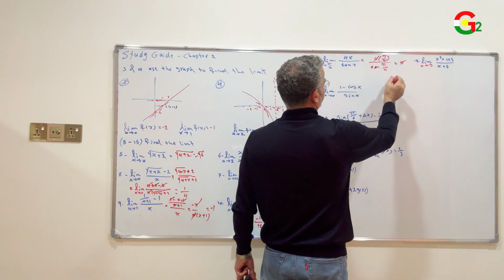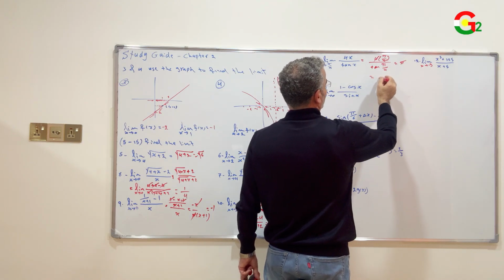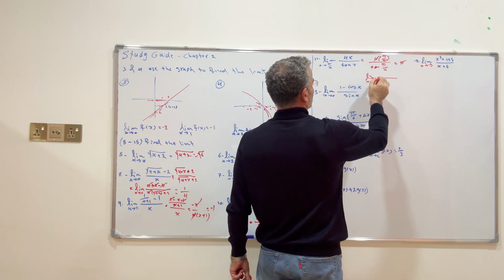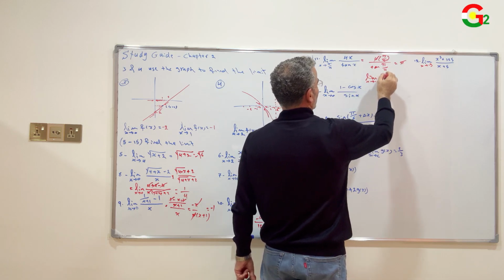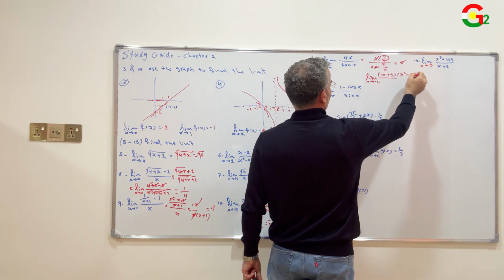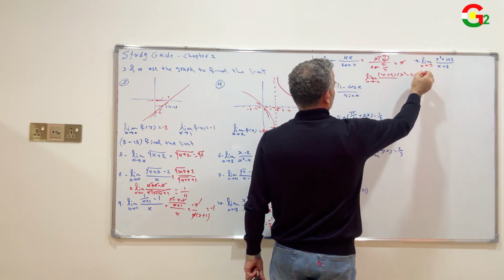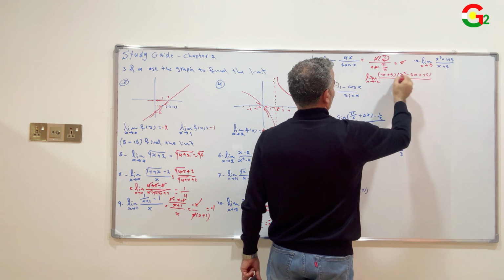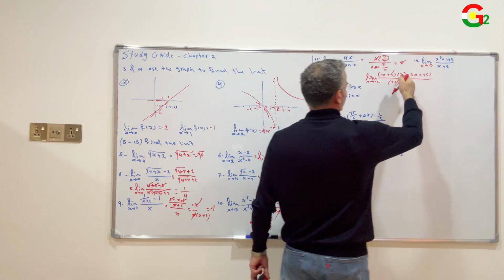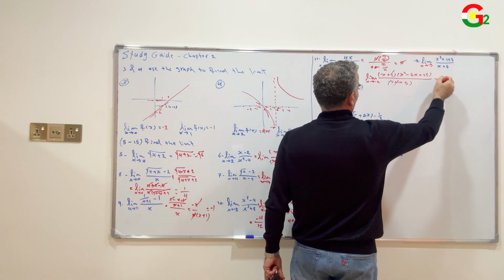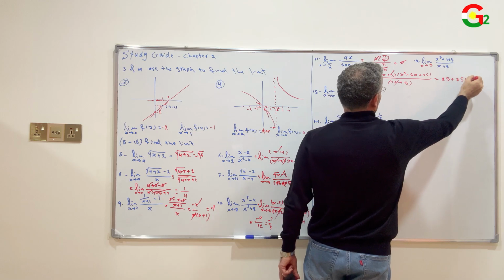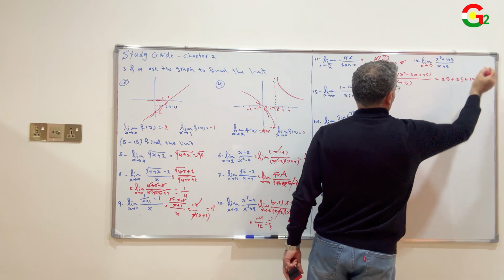Analyze the numerator, summation of 2 cubes, x plus 5, x squared minus 5x plus 25 over x plus 5. X plus 5 with x plus 5, negative 5 squared, 25 plus 25 plus 25, 75.